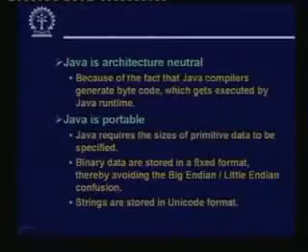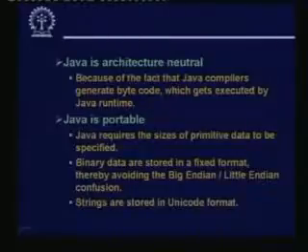Java is architecture neutral. This means that Java programs can run on any platform, on any architecture. This point again we shall explain later. This happens because the Java compilers generate platform independent bytecode which is executed by the Java runtime.